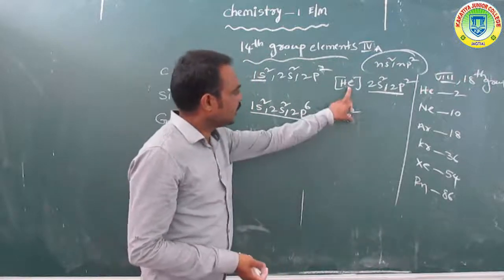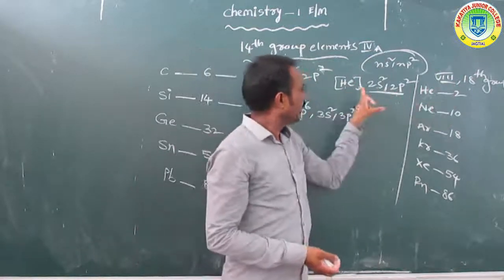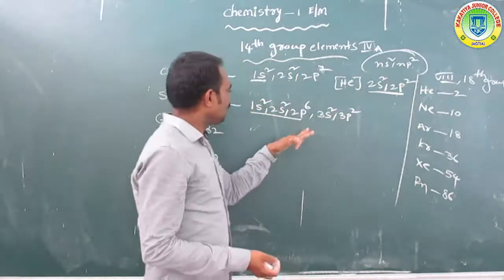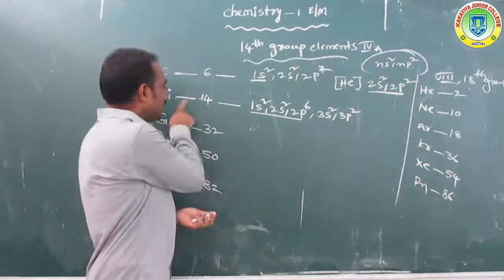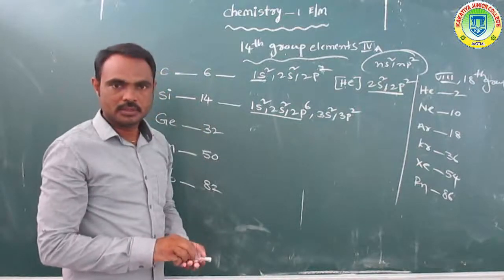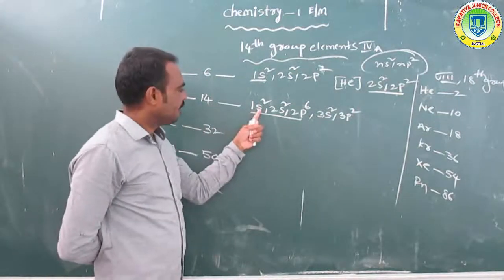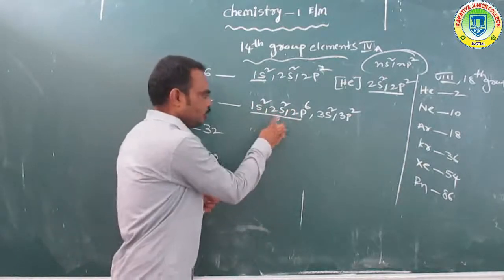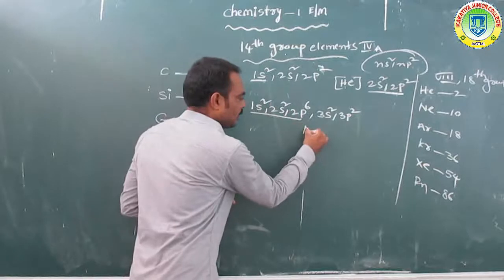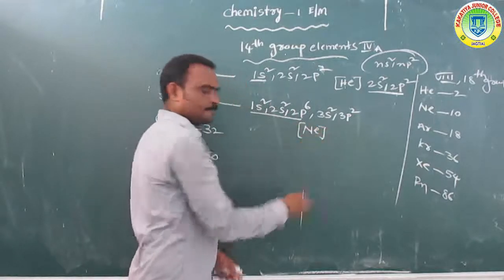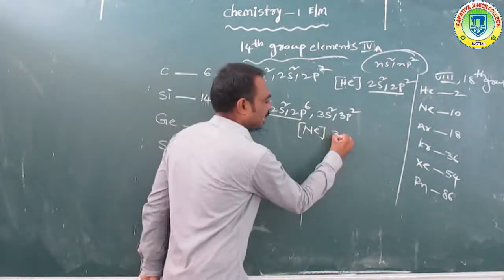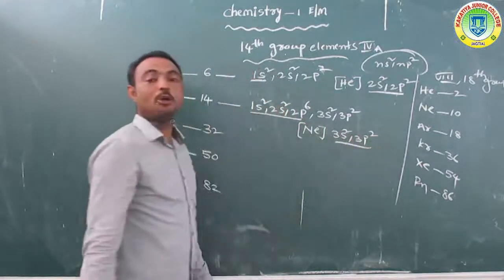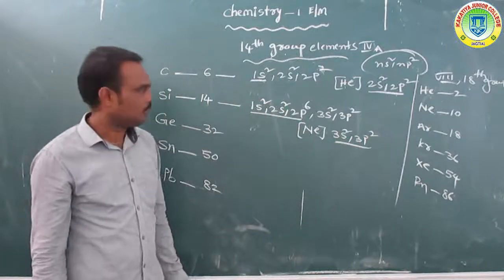So we write helium 2, remaining 2, total 6. Next, silicon has 14 electrons: 1s2, 2s2, 2p6, total 10, so we write neon, then 3s2, 3p2 is the outer shell or valency shell.